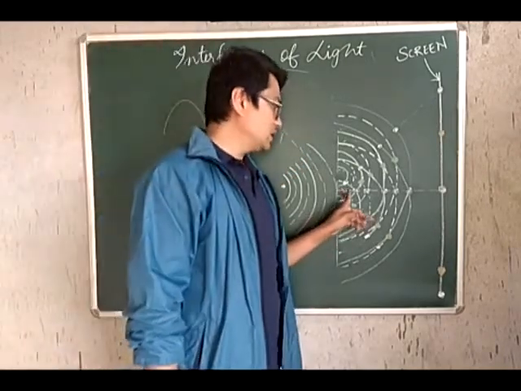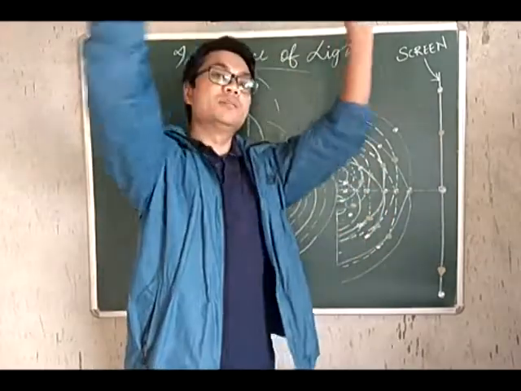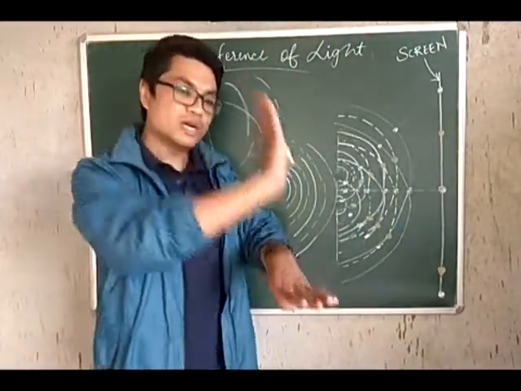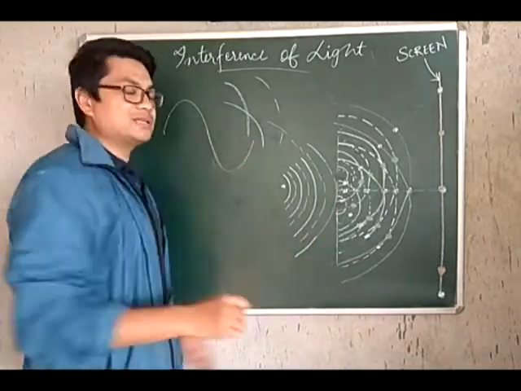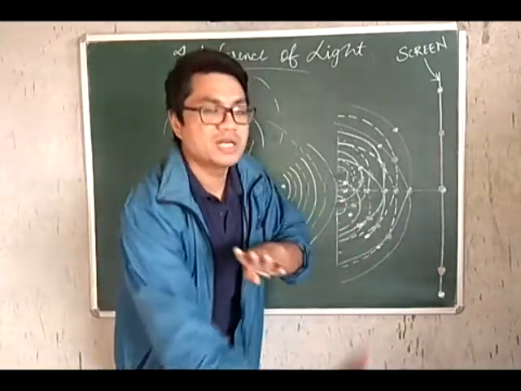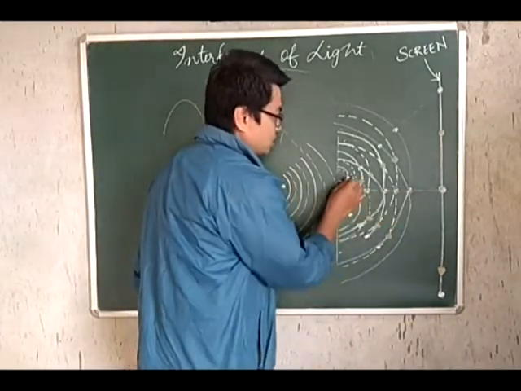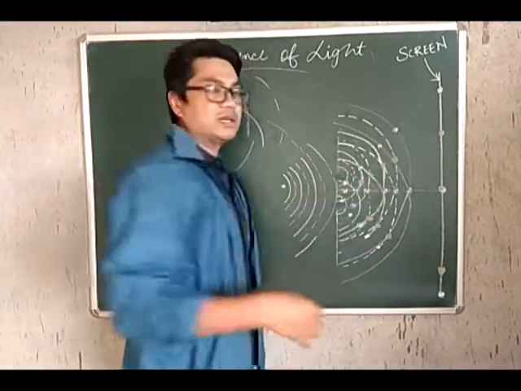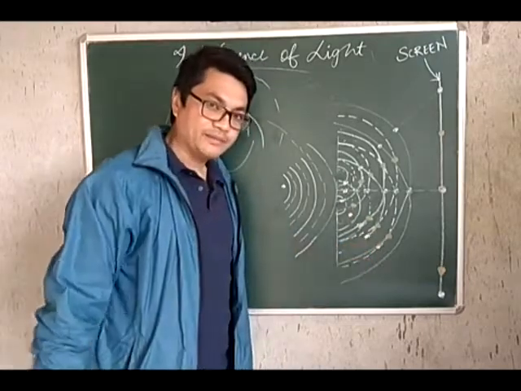So wherever a crest meets another crest, you get a bigger crest. And whenever a trough meets another trough, you get a bigger trough. So these are the points in the picture where a solid line is meeting another solid line, or a broken line is meeting another broken line.